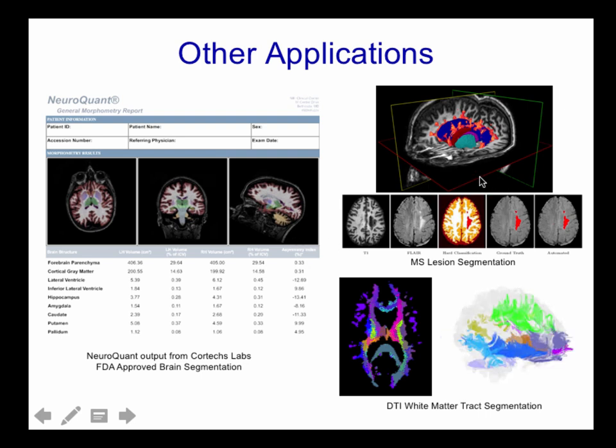Some other applications include MS lesion segmentation. In multiple sclerosis, people tend to get these lesions within the brain, particularly in white matter. If you look at the T1 and FLAIR images shown here, you can see the lesions are hypo-intense on T1 and hyper-intense on the FLAIR.